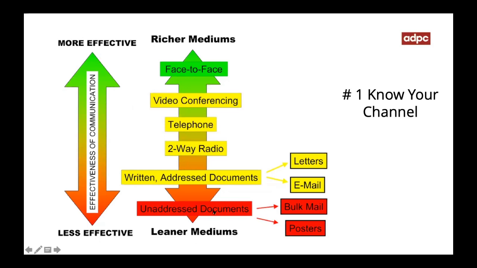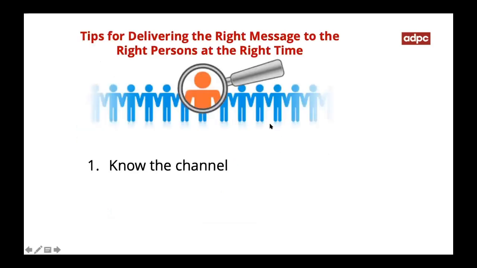Unaddressed documents, even us, we would see bulk emails, posters, and most likely we don't get to see them. Then written addressed documents. As you move up, you will see the level of effectiveness of the channel. So you already had a message in mind, consider what medium will enhance effectiveness.